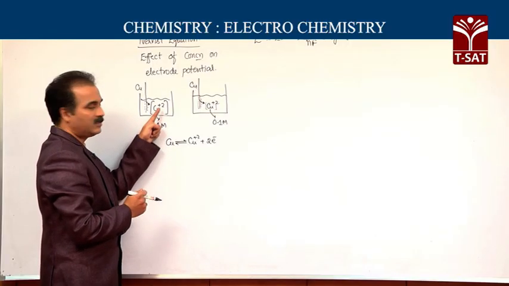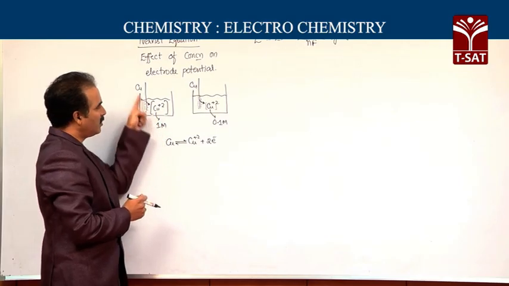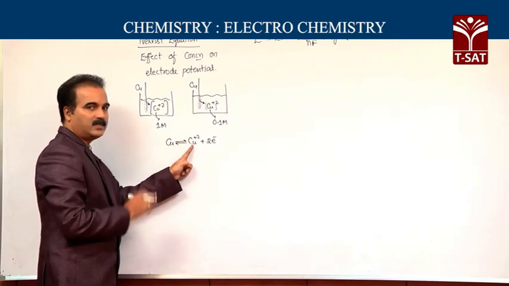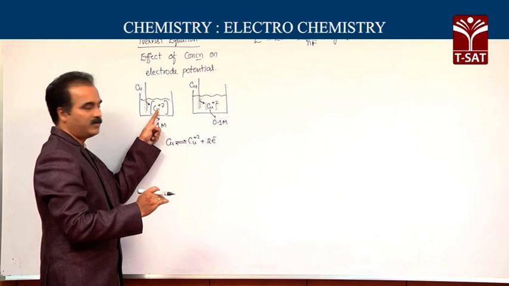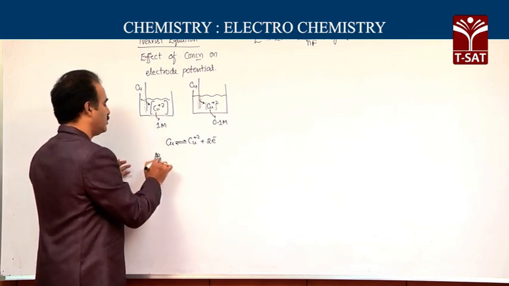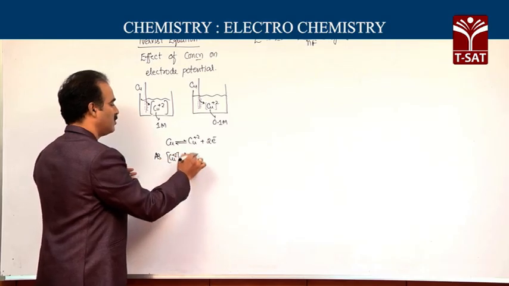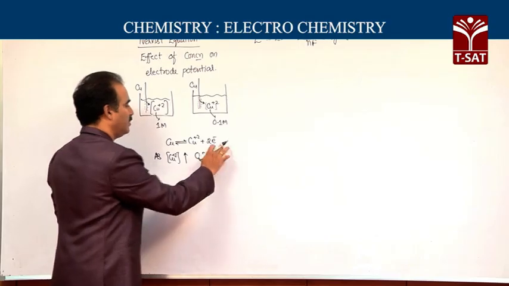Definitely not. Because of the higher concentration of Cu plus 2, the ability of copper to go into solution is less, meaning oxidation is prevented, meaning the potential to undergo oxidation is reduced. So as copper plus 2 concentration increases, the oxidation potential of the electrode decreases.